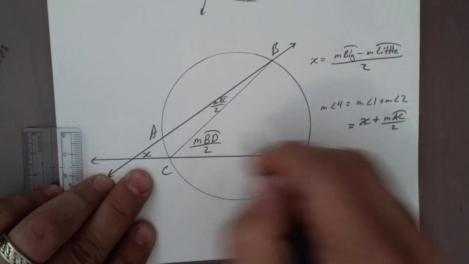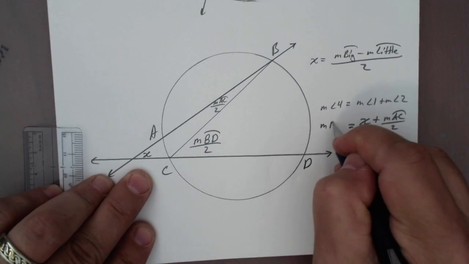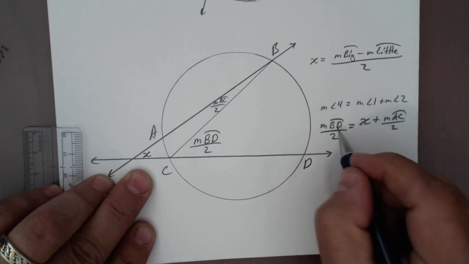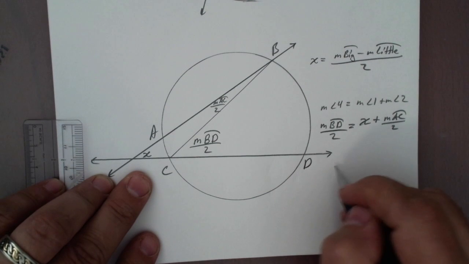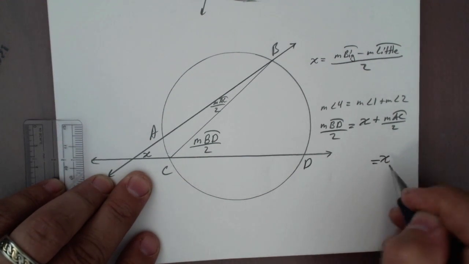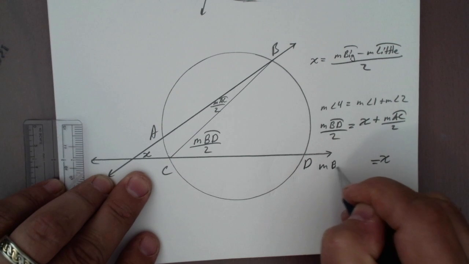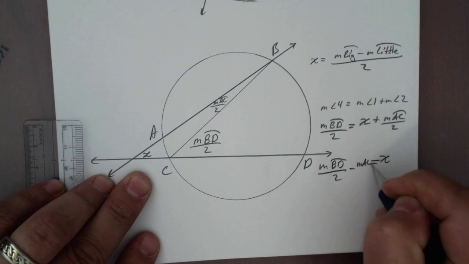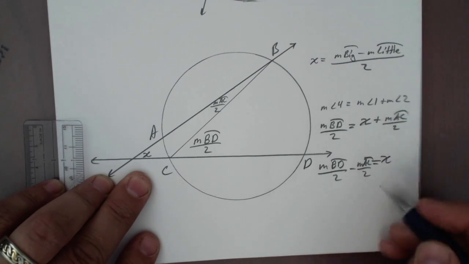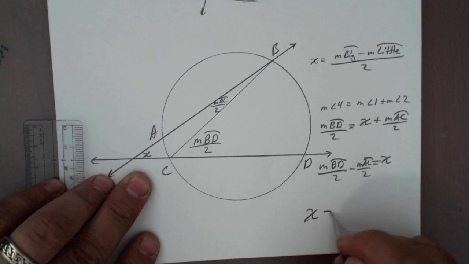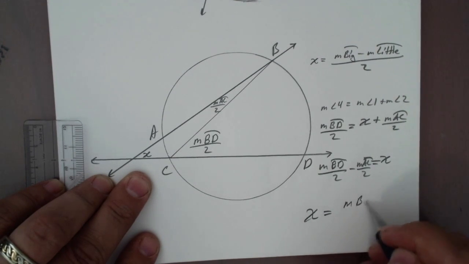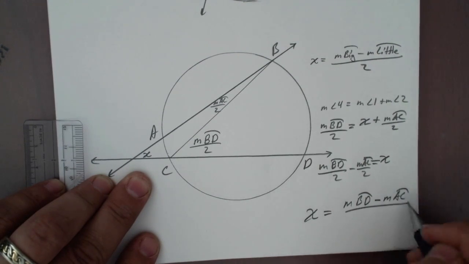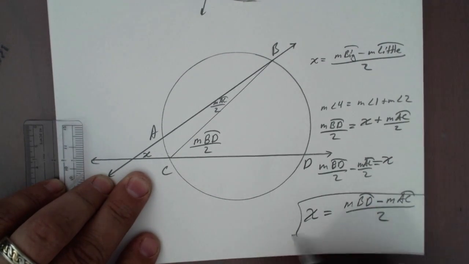The measurement angle 4 is our exterior angle, which is measurement arc BD over 2, and then we solve for x. So x equals measurement of BD over 2 minus the measurement of AC over 2. Therefore, x equals measurement of BD minus measurement of AC, those two arcs, over 2. And that's how that works.